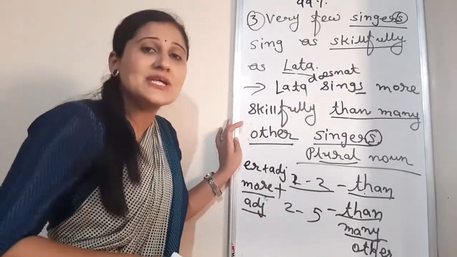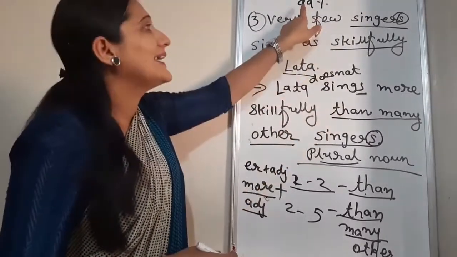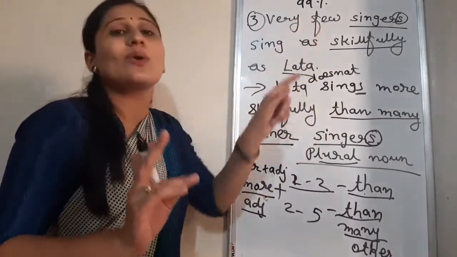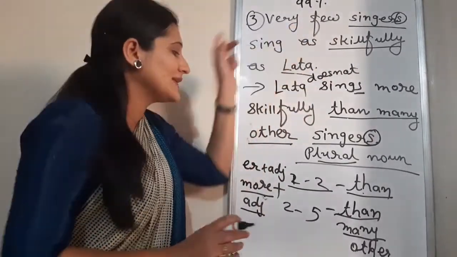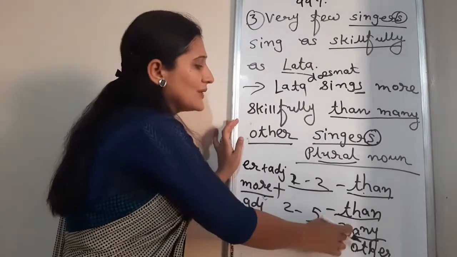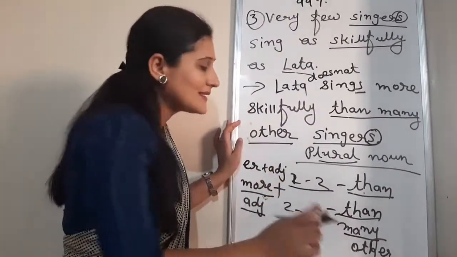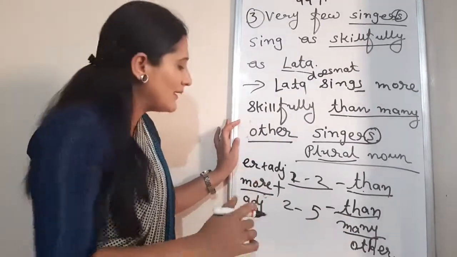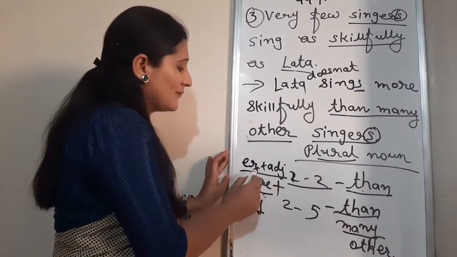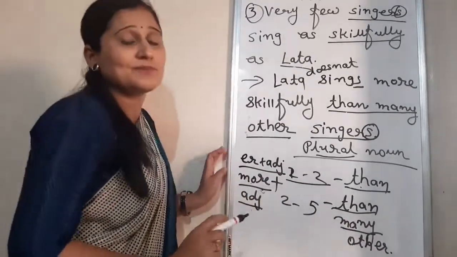Meaning will be changed. So if comparison between more than two things, 99% we will not check that rule, positive, negative, negative, positive. And these two you need to keep in mind: then for two people or two things, then many other for more than two things, and this is main, er plus adjective, more plus adjective.